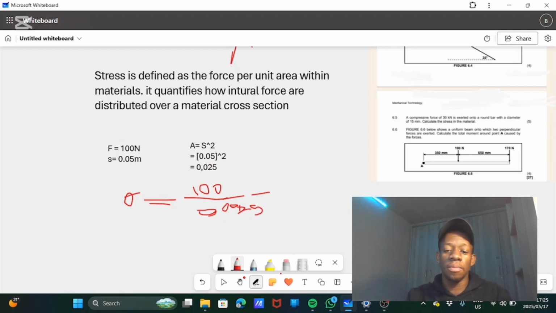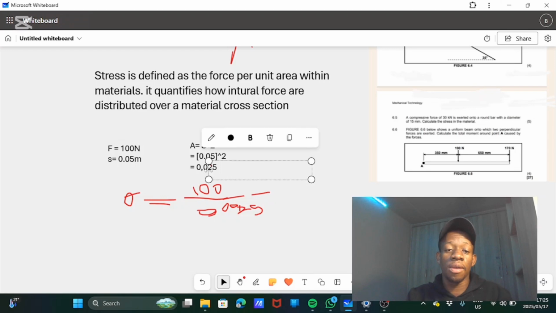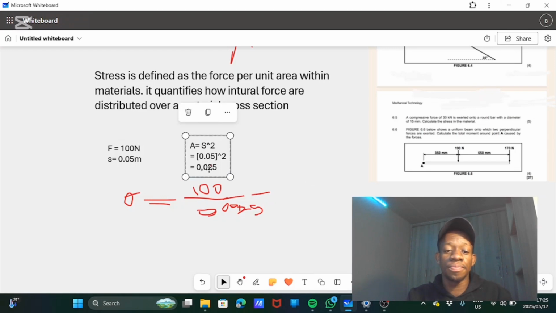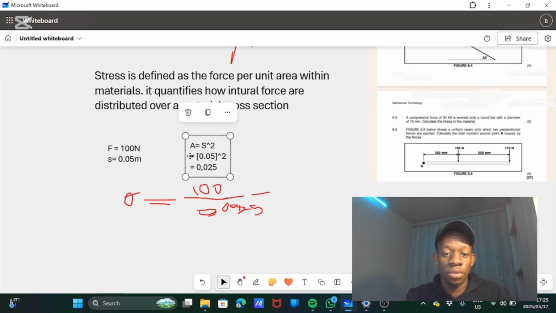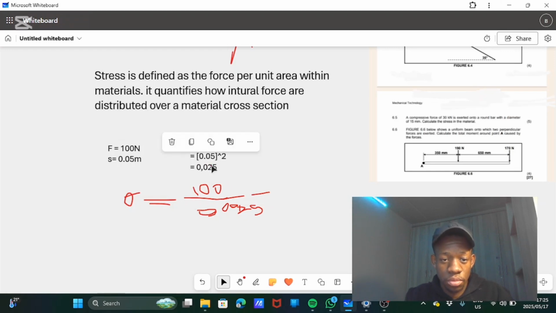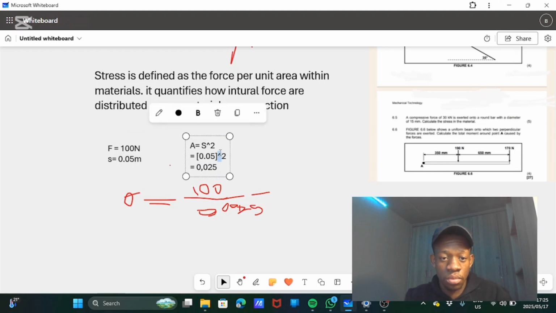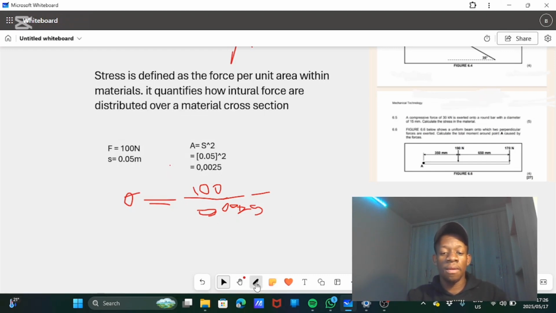Okay, there is a mistake here. It's supposed to be 0.025. Okay, so the answer will be 400,000.